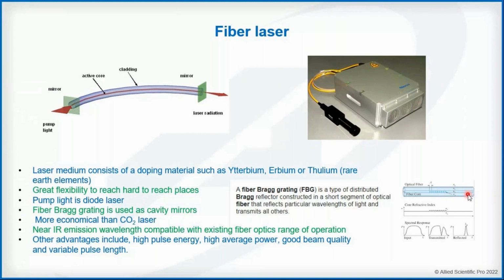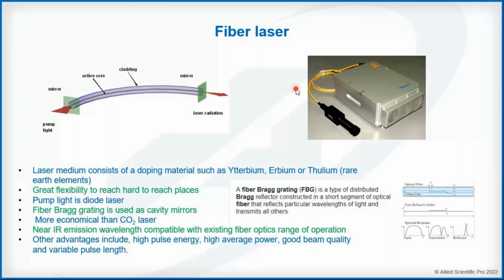It's designed to reflect a particular wavelength. So if you pump the fiber laser with diode laser, and this fiber material is doped with ytterbium, erbium, or thulium, some rare earth elements, the laser beam is generated inside the fiber and gets reflected from this grating scribing inside the fiber and exits the fiber.